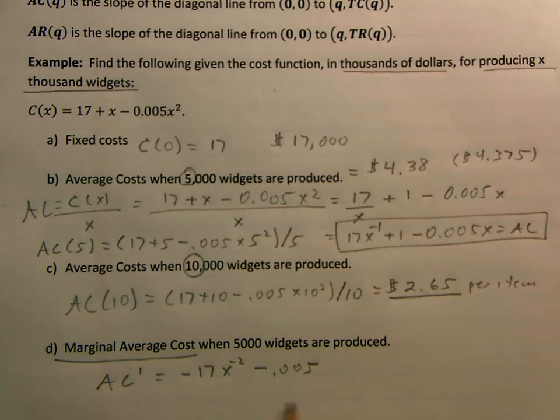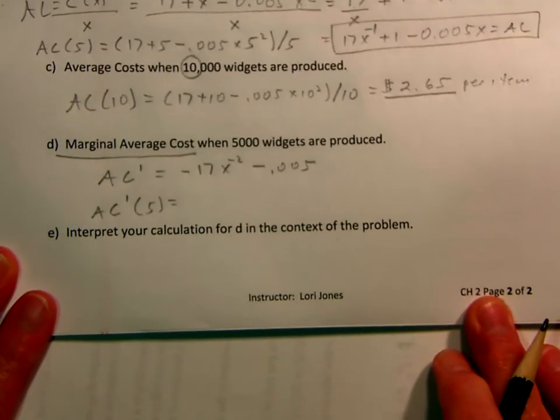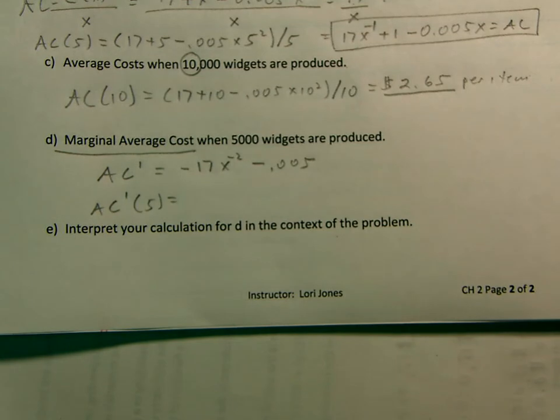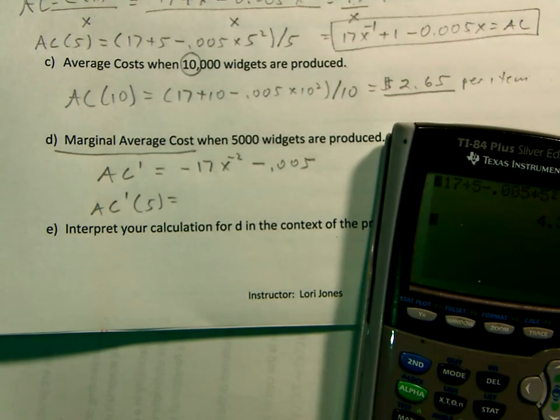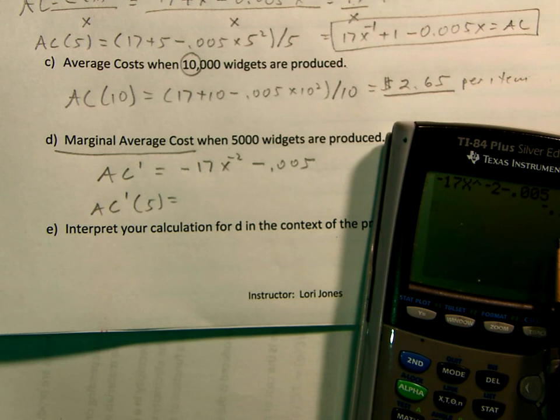So here is our derivative of the average cost. So when we want to evaluate that at 5,000 units, this is what I come up with.